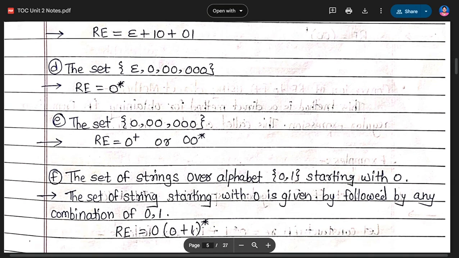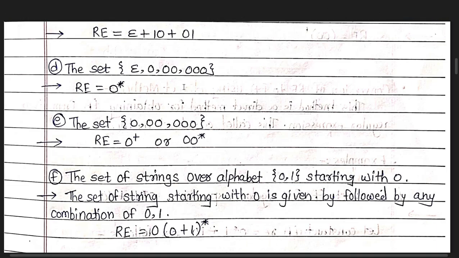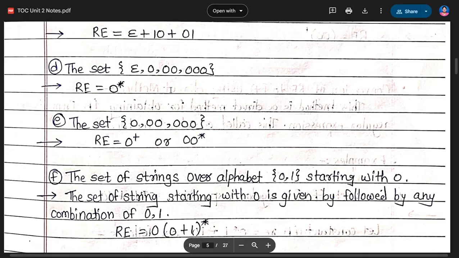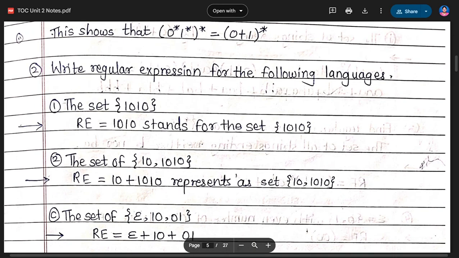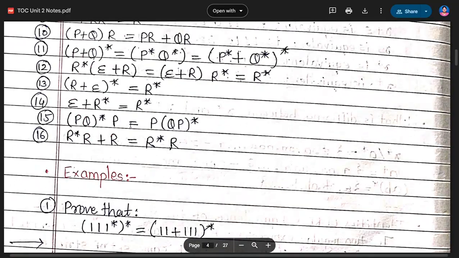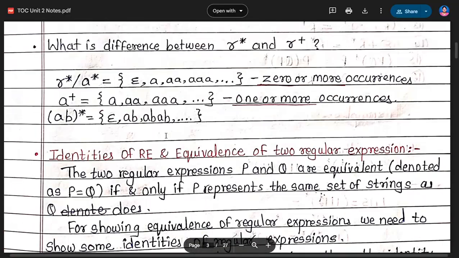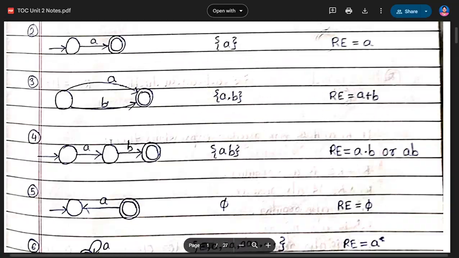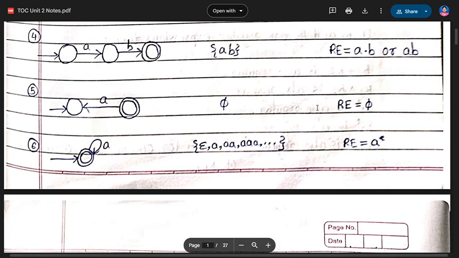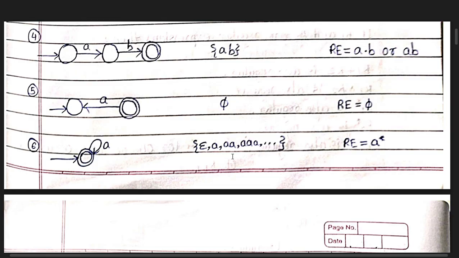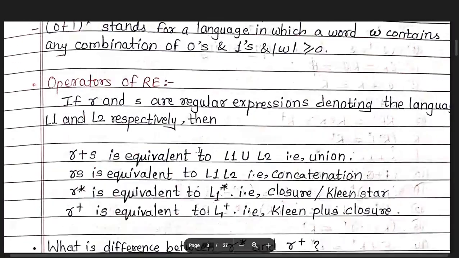Now the set of epsilon, 0, 00. How will we write this? I already taught you how we write this: epsilon, a, double a, triple a, and many more.